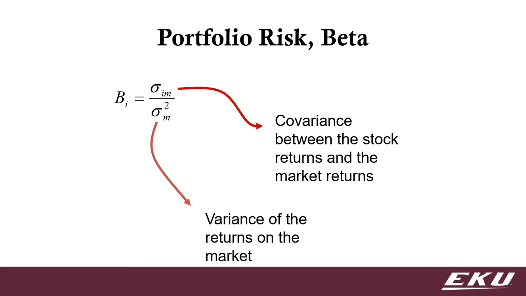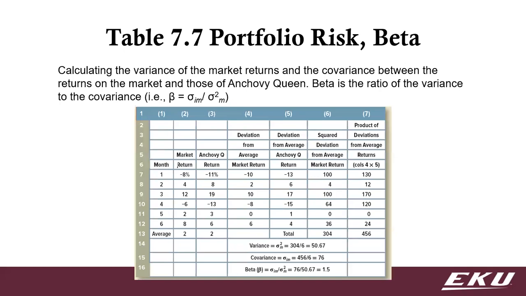Anything greater than 1 is riskier or has more sensitivity, and anything less than 1 would be safer or less sensitivity. And this is just an example showing how we would calculate that type of beta.